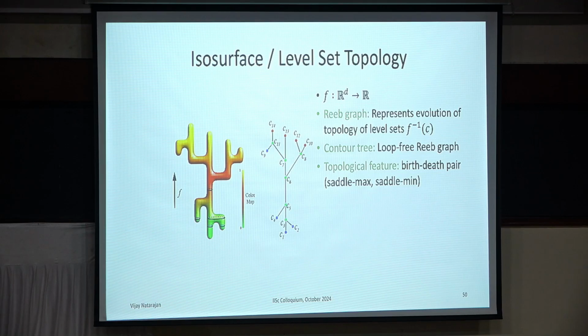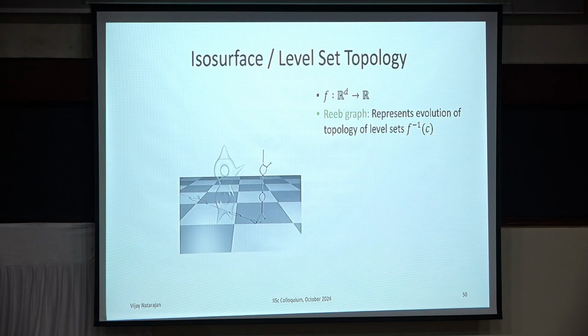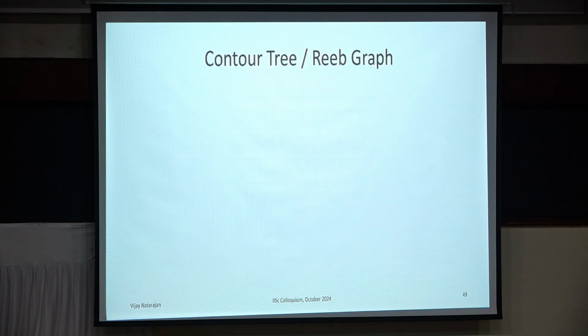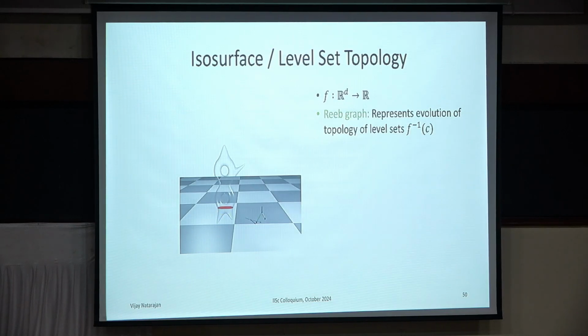So new components are born at, for example, minima. A new component of a level set is born. Two components merge when you hit a saddle. And we talk about that as the death of one of the components. We let the younger one die. Must be why. But so the older one persists.